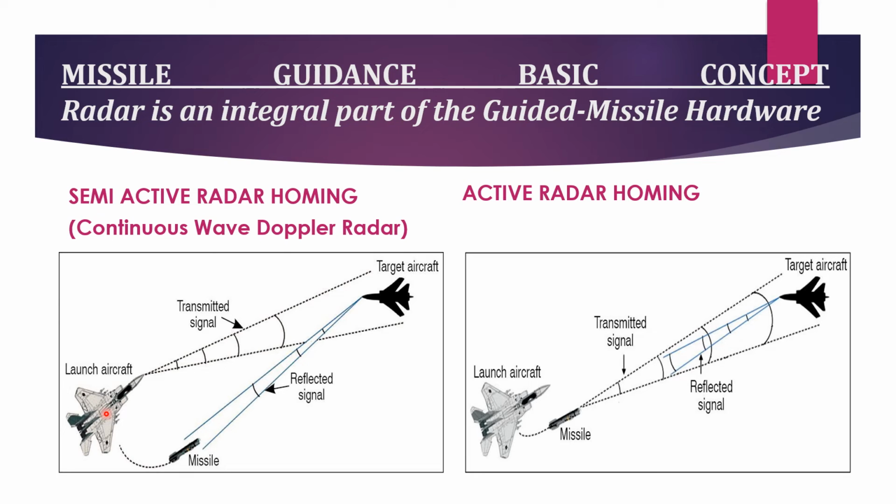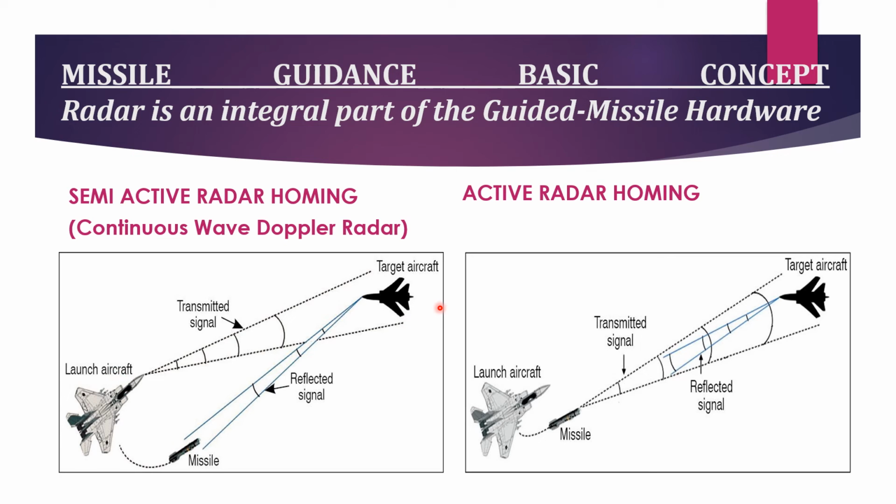aircraft. A launch aircraft is always equipped with fire control radar. Fire control radar guides your missile where to go by sharing the information of location, direction and track information of the target aircraft with the missiles.